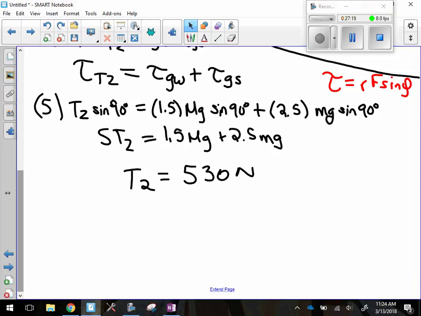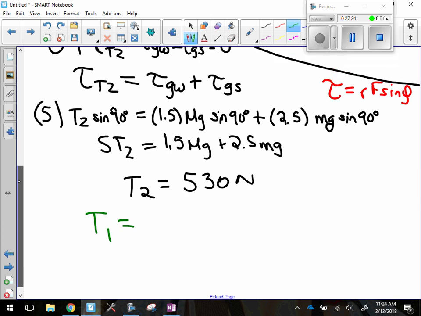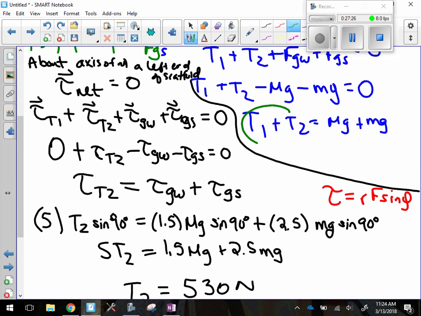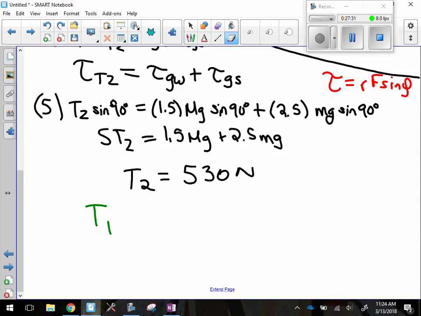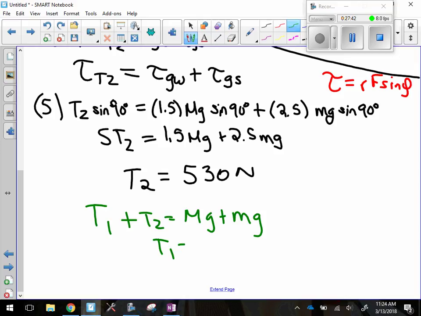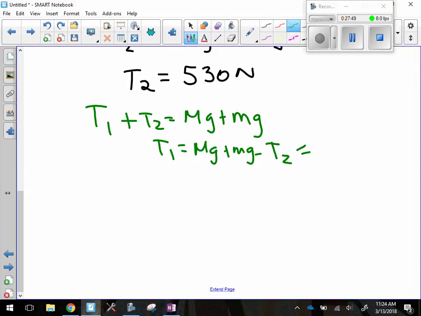So now we need to go back and figure out what T1 is. But we have an equation up here, right? Where T1 plus T2 was big mg plus little mg. And so T1 is going to be big mg plus little mg minus T2. And again, what are we going to get?